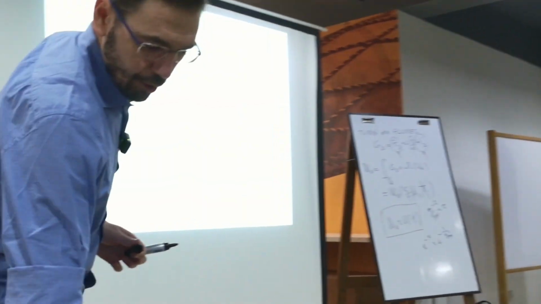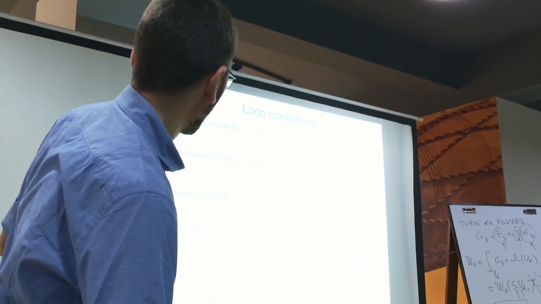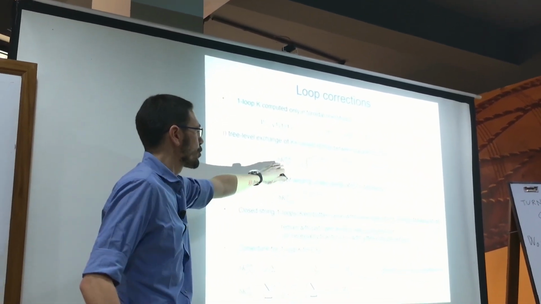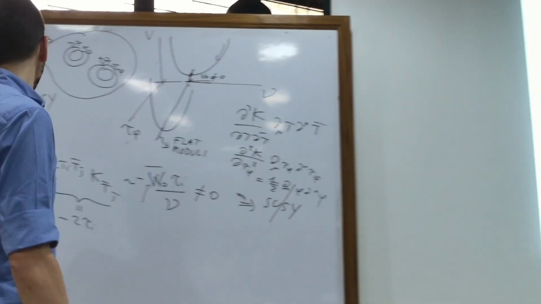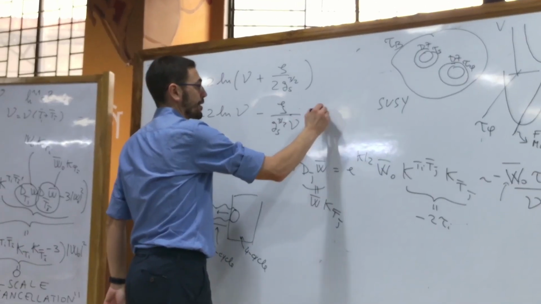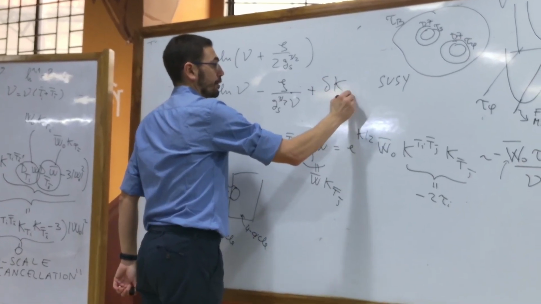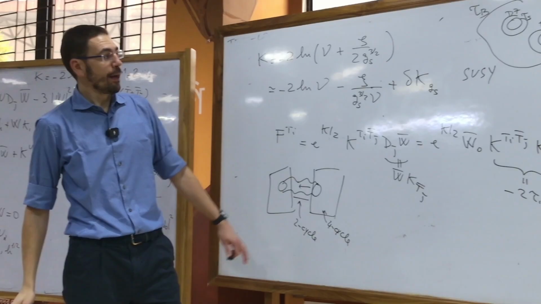Whereas these loop corrections, at least in the case of tori, are corrections that you should add here, plus delta K G string.